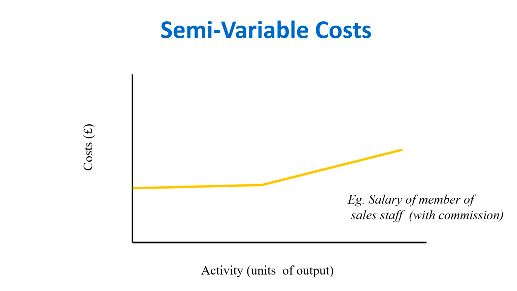And the staff's salary gradually increases with further increases in activity. So the business has deemed that it's worthwhile paying this cost in order to motivate staff in the sales team to generate more sales and help the business to make additional profit. So another type of cost here, a cost which is neither fixed nor variable. It's what's called semi-variable. It has an element of each of those.